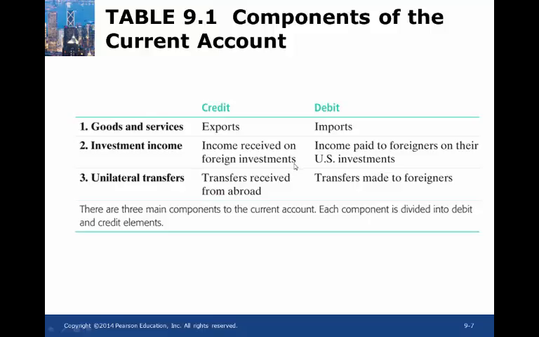Similarly, for investment income, it's the income that we receive on foreign investments. For example, if I own Japanese stock and I earn a dividend on that, that's income I receive. But we have to subtract out the income that we pay to foreigners on their U.S. investments. Likewise, for unilateral transfers, there's the money that we receive from abroad minus the money that we send to foreigners.